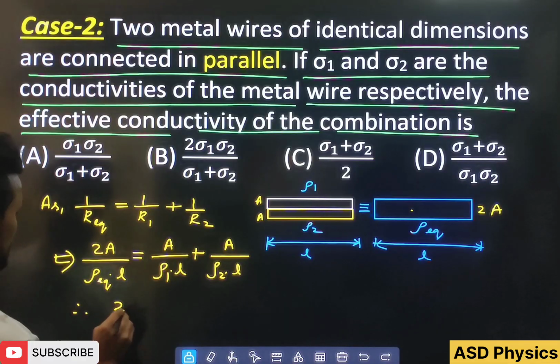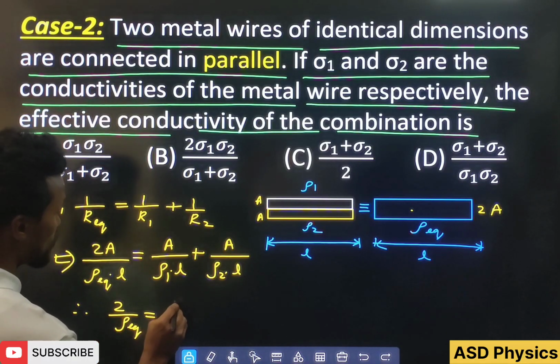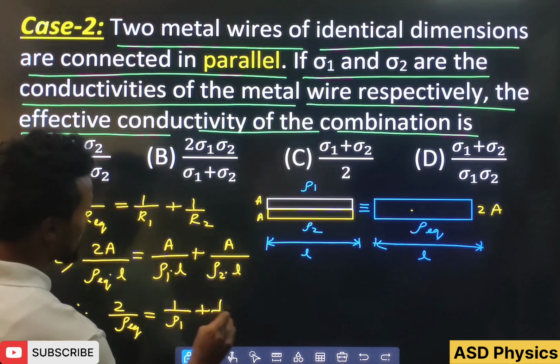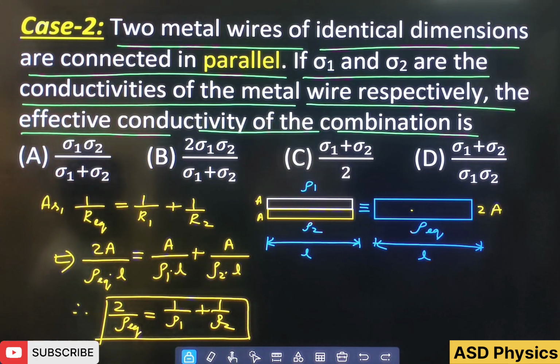So in the same way, 2 by rho equivalent is equal to 1 by rho 1 plus 1 by rho 2.